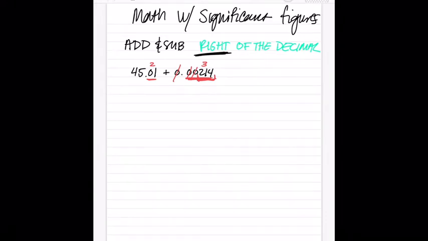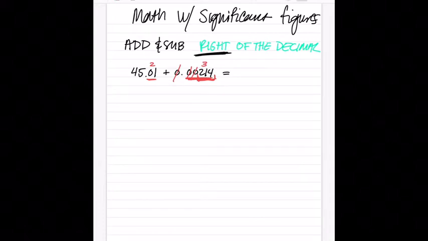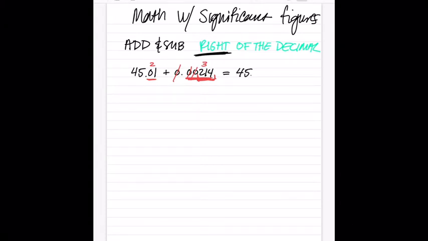Oops. Okay, so in your calculator, when you put this together, your real answer is 45.0124. Sorry, y'all, I didn't look at the equal sign there on my example in my notebook. So that's the real answer in your calculator.